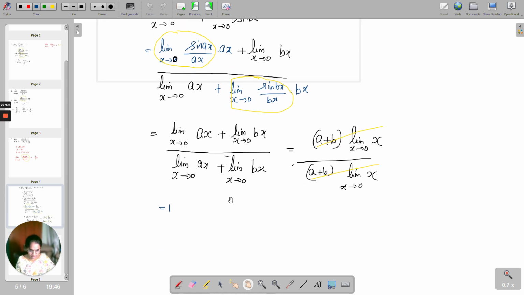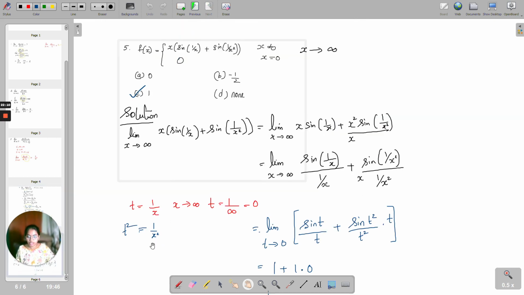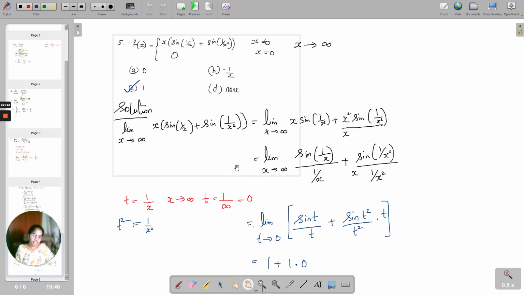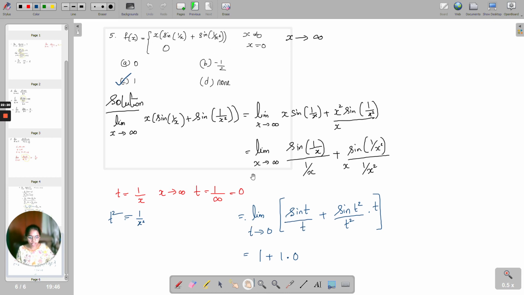And finally we arrived at the answer. So in the final one, that is the JEE question, we took x not equal to 0 term. After some simplifications, they had asked us to find limit x tends to infinity. So we used substitution method and we solved this. The answer was option C.